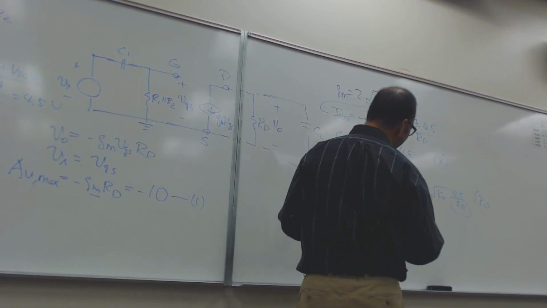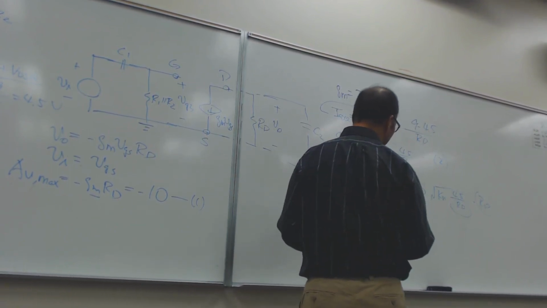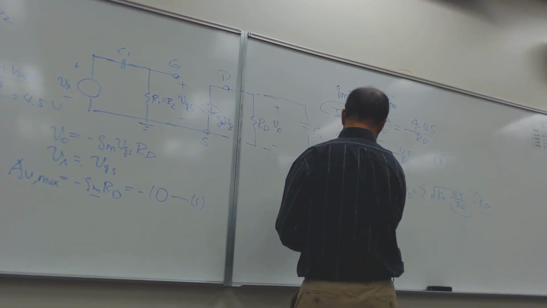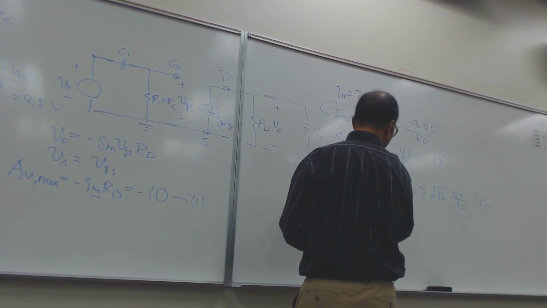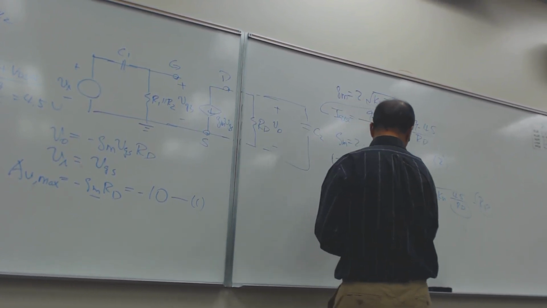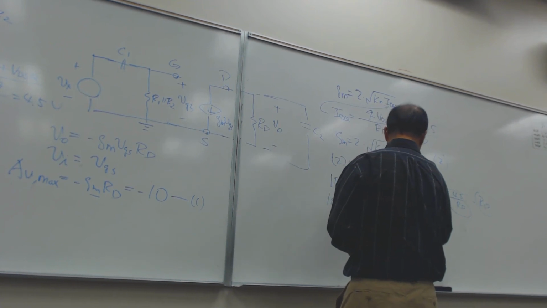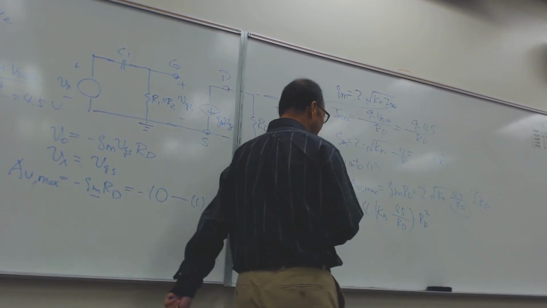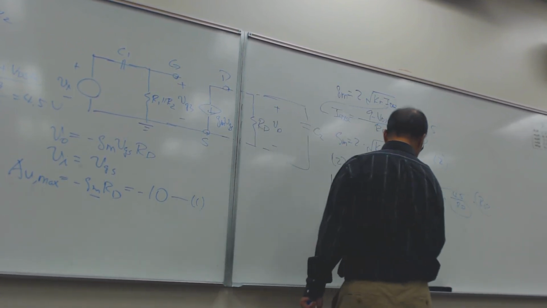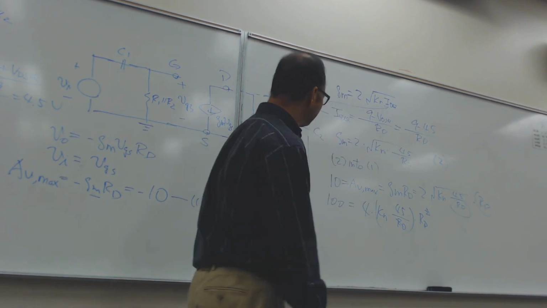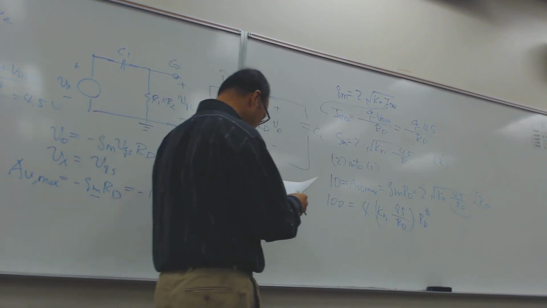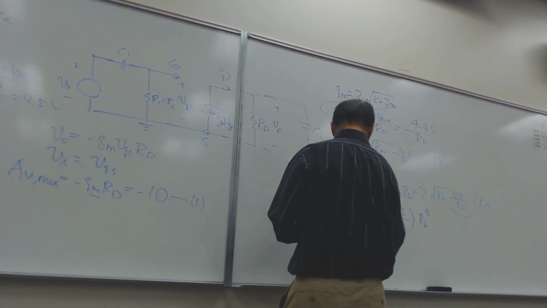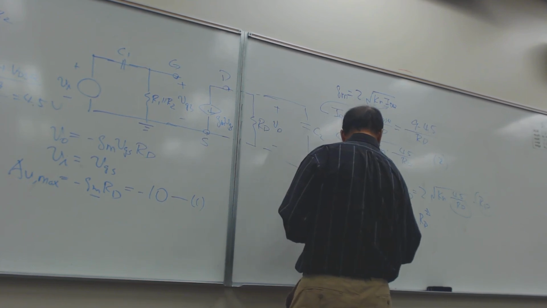Basically, you take the square root of both sides. So 100 equals 4 times Kn times 4.5 over RD, times RD squared. Oh, it's not quadratic. So RD cancels, and you get R sub D about 20 kilohms.